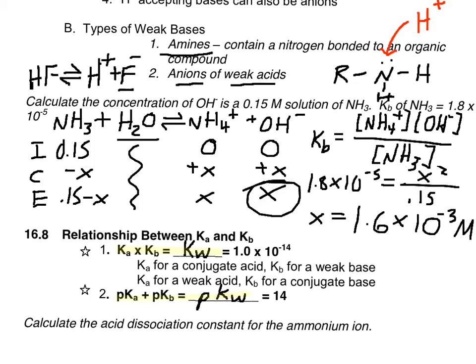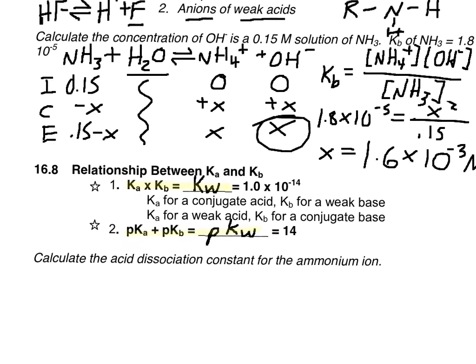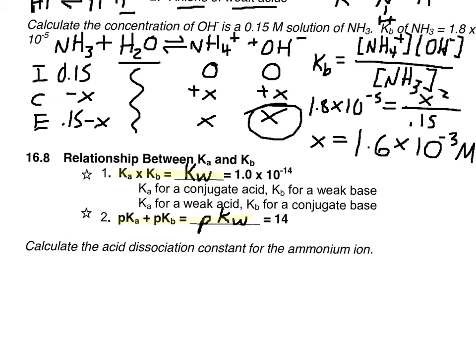So if I was going to take a look at this problem right here. Calculate the acid dissociation constant for the ammonium ion. What is the ammonium ion? Well, it is the conjugate acid of ammonia.